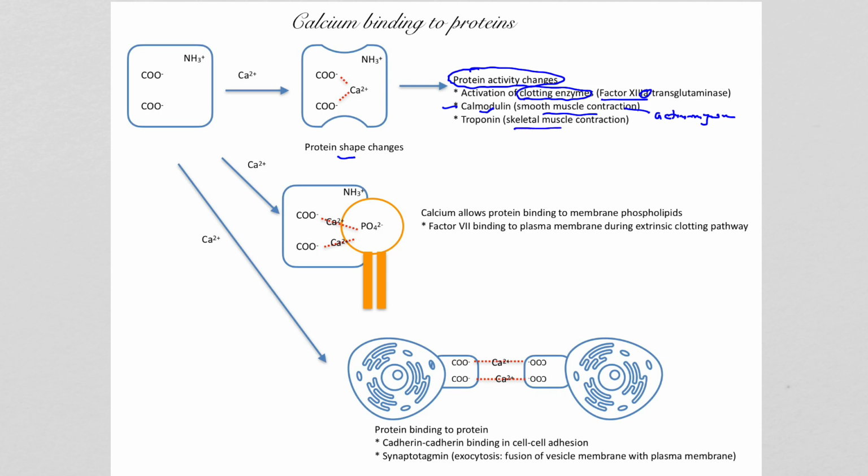Skeletal muscles, same thing in skeletal muscle contraction. Calcium binds the troponin complex, and the troponin changes shape. That leads to other changes in the cell. For example, another protein called tropomyosin is removed, and now suddenly the myosin binding sites are exposed on the actin filaments.